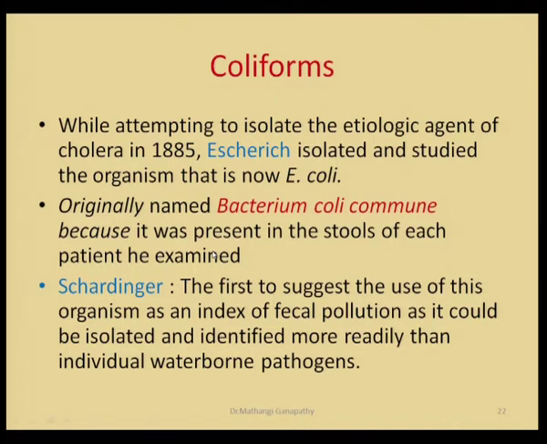He was looking to find out the causative organism for cholera, so when he assessed the stool samples of cholera patients, he identified this bacterium, which he called Bacterium coli commune. Schardinger and other scientists were the first to suggest the use of this organism as an index of fecal pollution, as it could be isolated and identified more readily than individual waterborne pathogens.